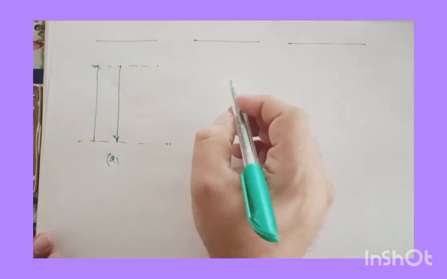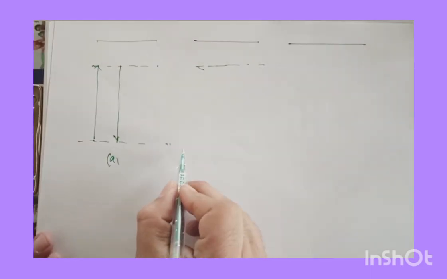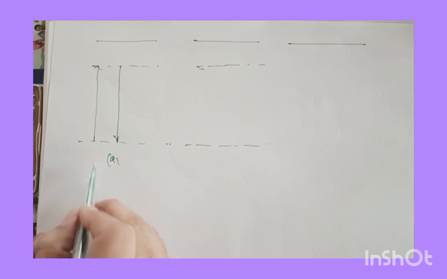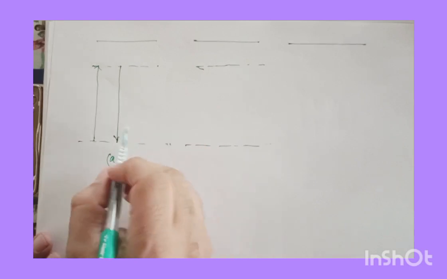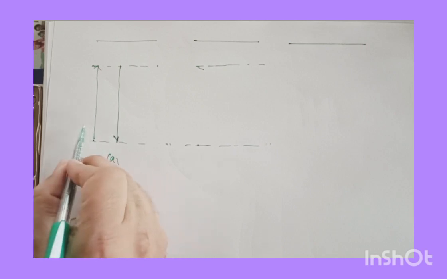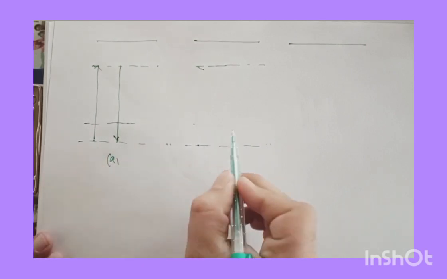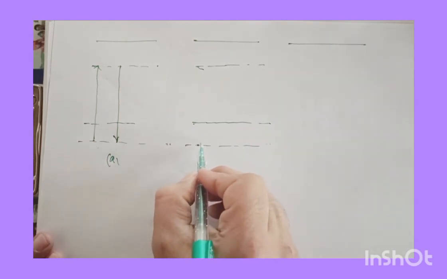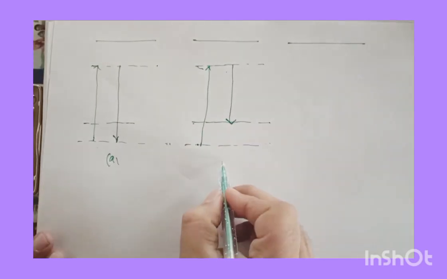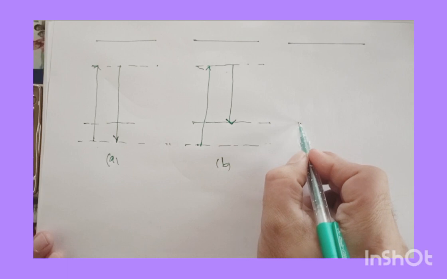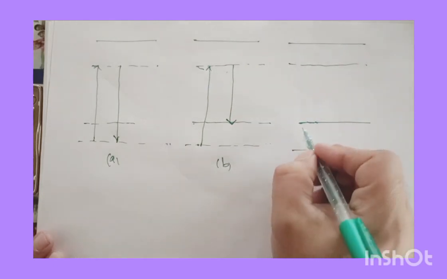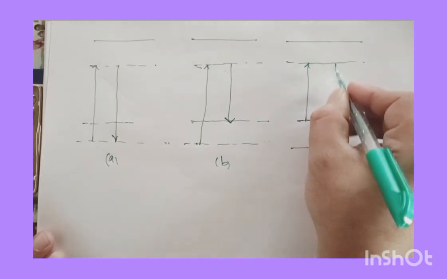I'll call this A, and I will have a transition like this, from some baseline, and I have a transition like this, and let me call this B, and then I have a transition like this, and this.